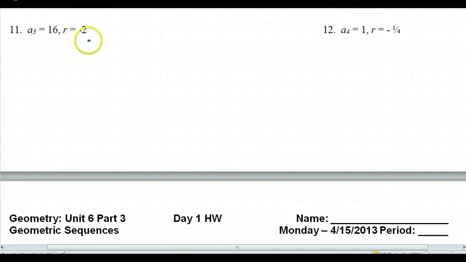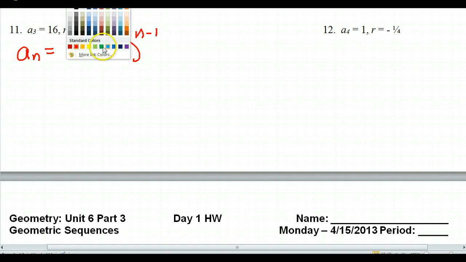So our goal is going to be to come up with an equation for this geometric sequence. We know there's a geometric sequence, and we're supposed to write the equation. Now, it works like this. The rule for a geometric sequence is always going to be in this form. And there are two things that we need.